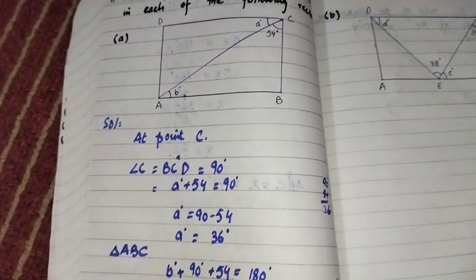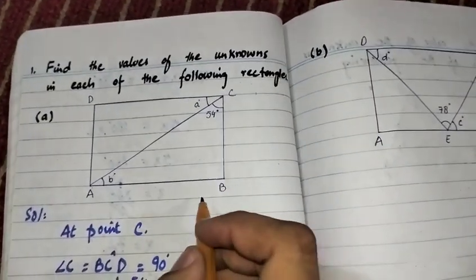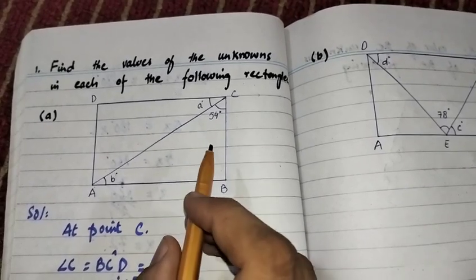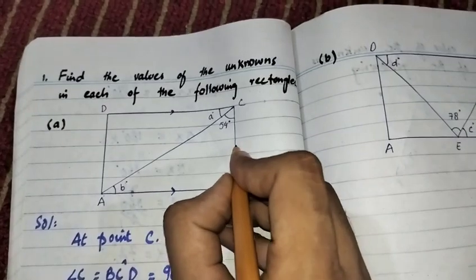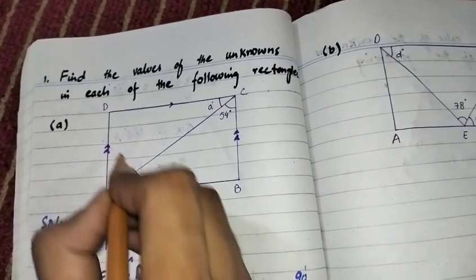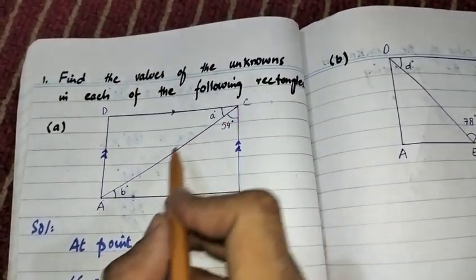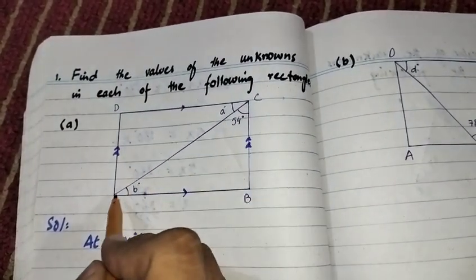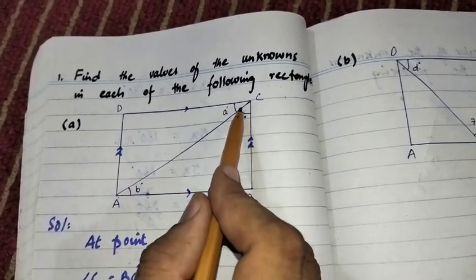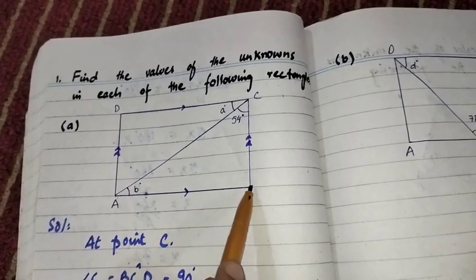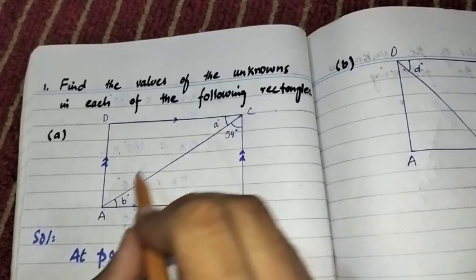So B will also be 36 degrees. Or we can say that we have studied a rule: when two sides are parallel, as this side is parallel to this side and this side is parallel to this side, then on two parallel lines a transversal line makes a Z with these two lines, and in a Z the alternate angles are equal.